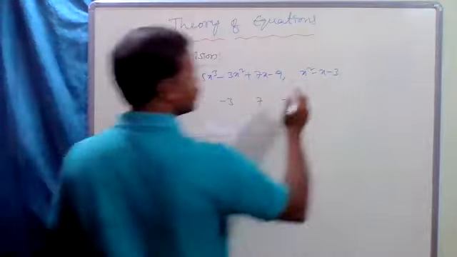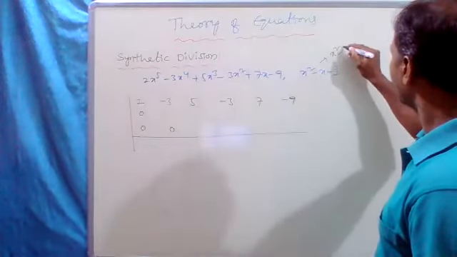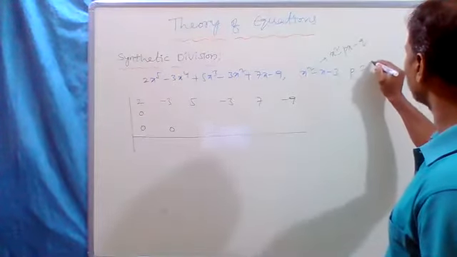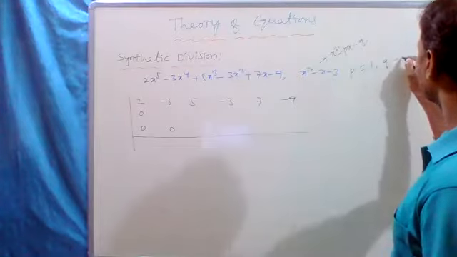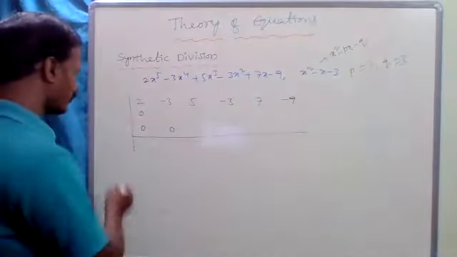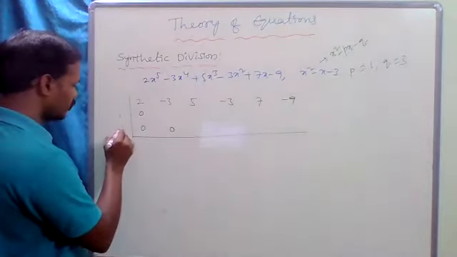Now you have to compare this with x square minus px minus q. So what is p? p equal to 1, q equal to 3.